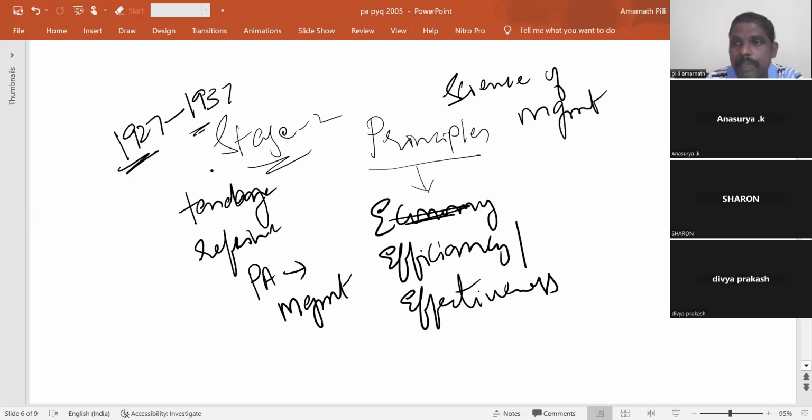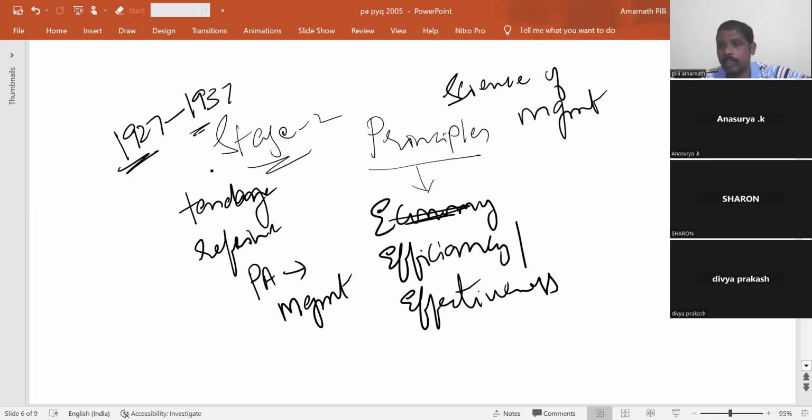public administration was brought closer to management. In fact, it is not about bringing closer, it is merging public administration with this new science of management.